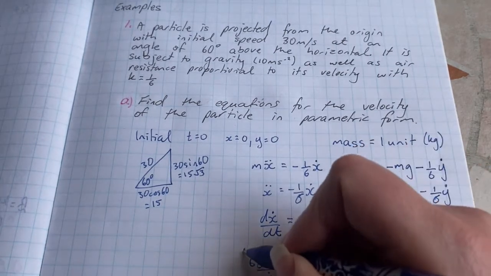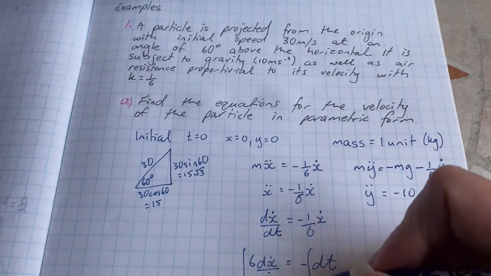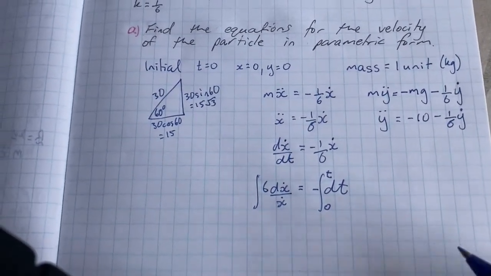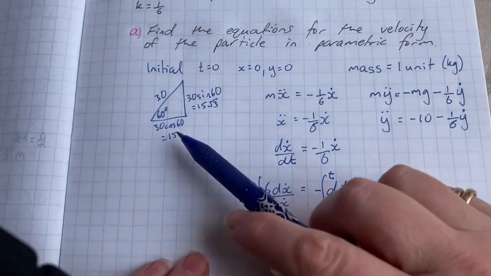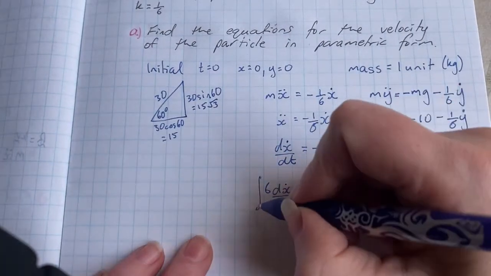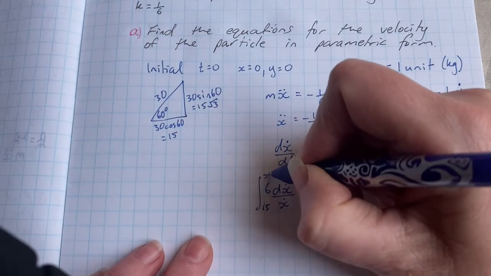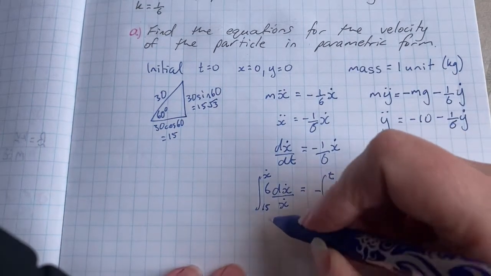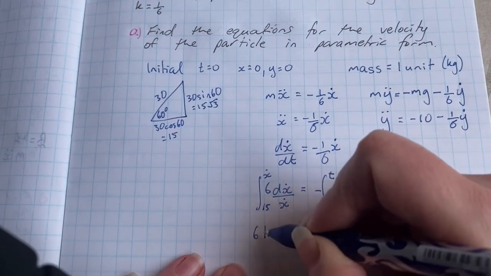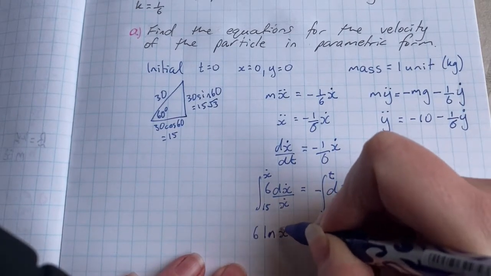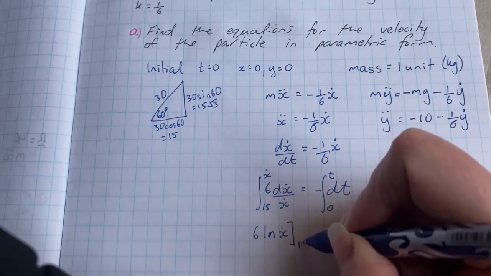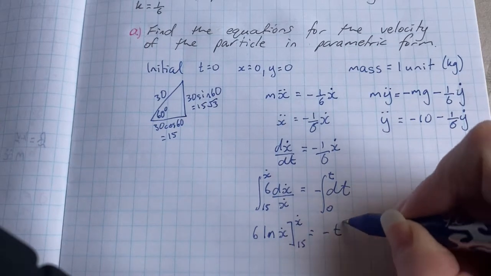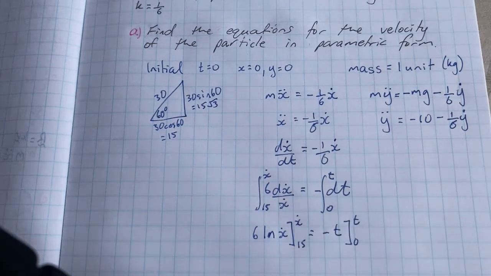And we'll integrate that. And the time starts at 0 and goes until time t. And its velocity, remember our initial horizontal velocity was 15, and that's going to go until our final velocity, whatever that is. So let's integrate that. So on this side we have 6 times the log of x dot from 15 up to x dot equals negative t from 0 to t.